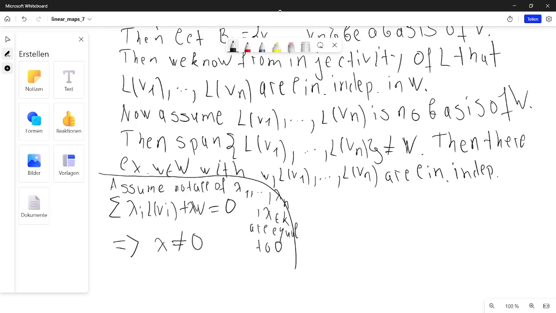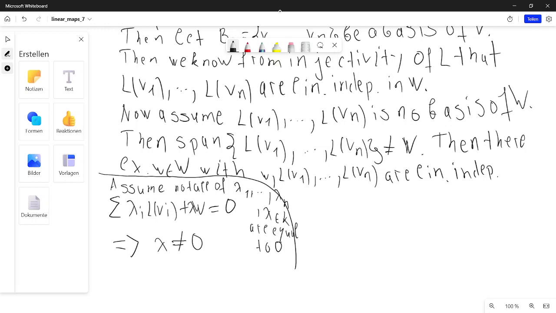And from that, if we assume that, then lambda can't be equal to 0, because if lambda would be equal to 0, then of course this would be 0 and this would be 0, and by linear independence of these vectors, which is already established, all lambda i's would be 0, and then every coefficient would be 0, but we wanted to assume that it is not the case.